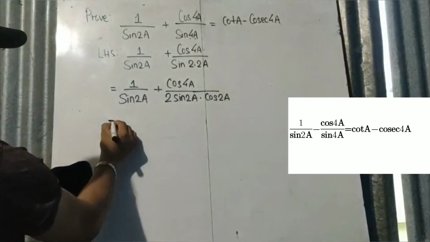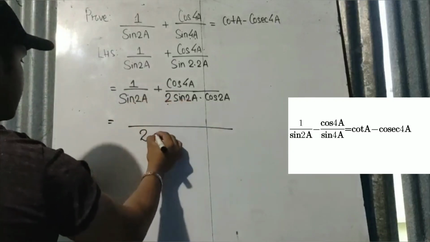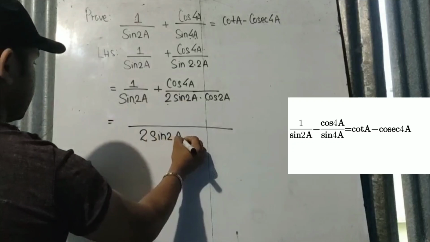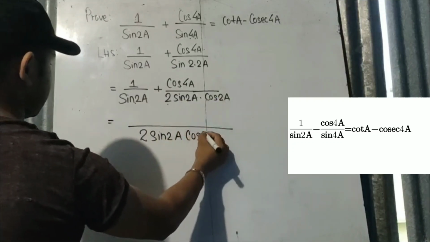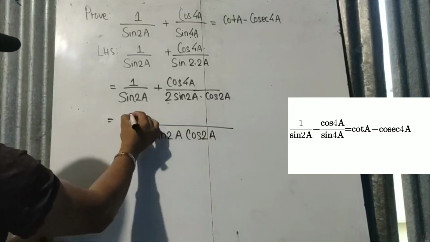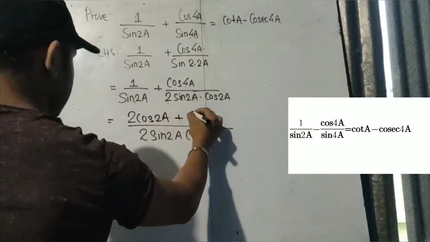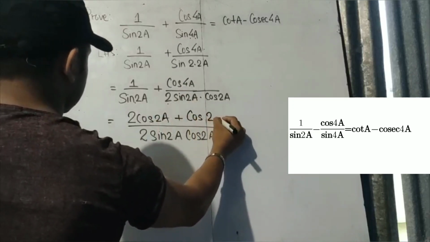Now we'll take the LCM here: 2 sin 2a cos 2a. Now we'll simplify. You have sin 2a here. What you don't have is 2 cos 2a. Plus cos 4a can be written as cos 2 dot 2a.